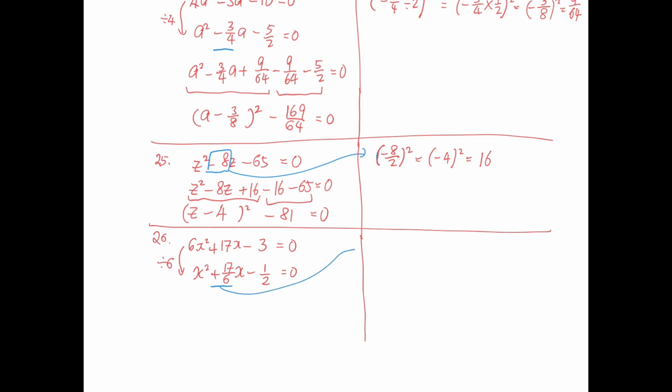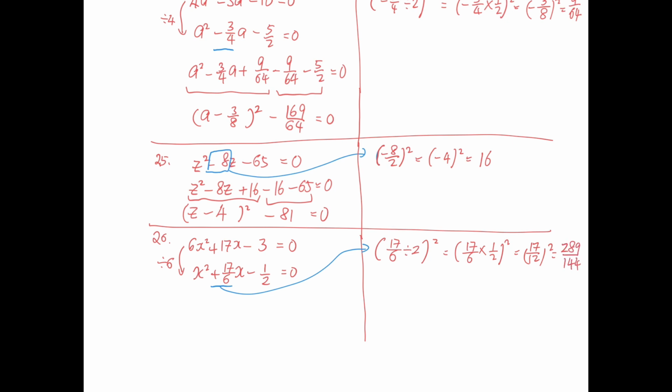Okay, so here, 17 over 6 divided by 2 and squared, it is equal to 17 over 6 times 1 over 2, and you square, which is 17 over 12 squared. Then you press calculator, so you get 289 over 144.